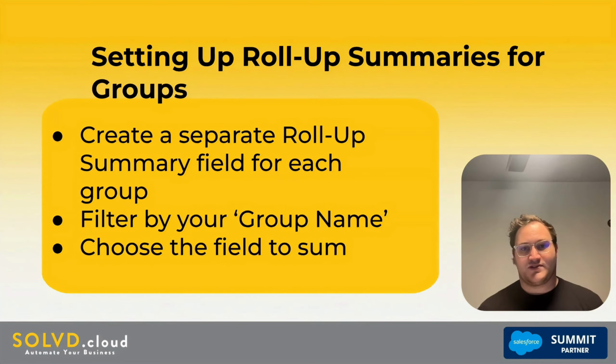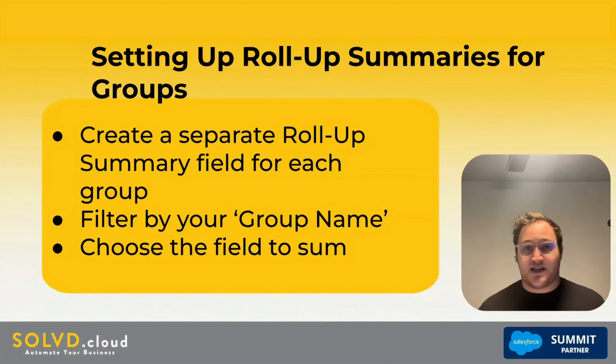To get totals for each group that we've created, we will need to create a separate roll-up summary field. For example, you might need to create a total hardware price and a total software price field on your quote. When we configure these roll-up summaries, we'll need to specify the field that we want to roll up.